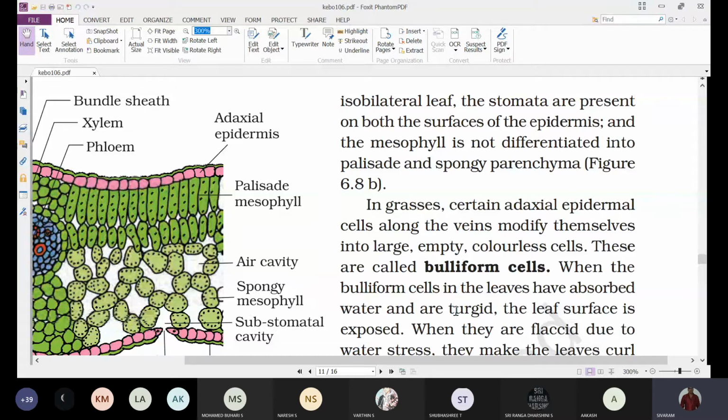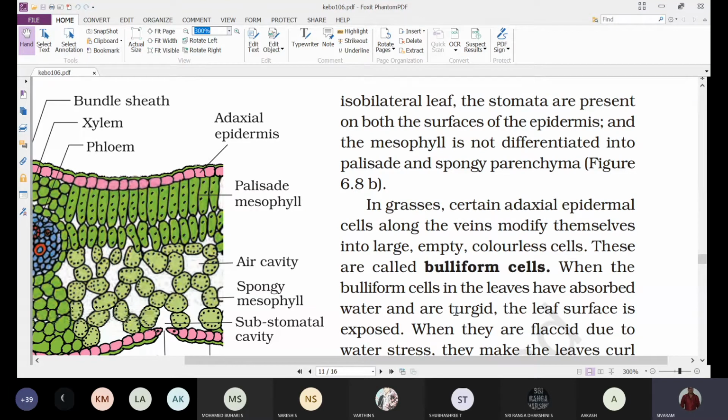So we can easily differentiate the upper surface from the lower surface in a dicotyledonous leaf. But in a monocotyledonous leaf, the stomata are equally distributed on both surfaces, in upper epidermis and lower epidermis. That is very, very important.